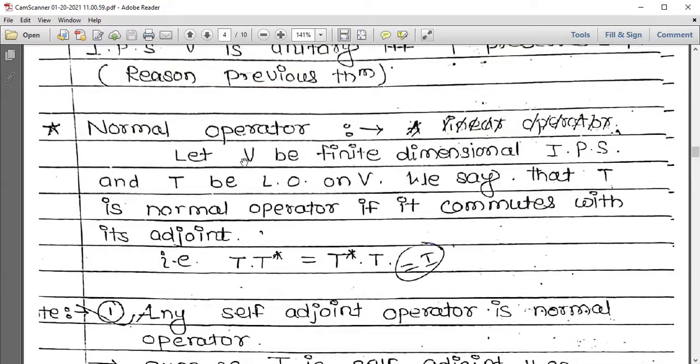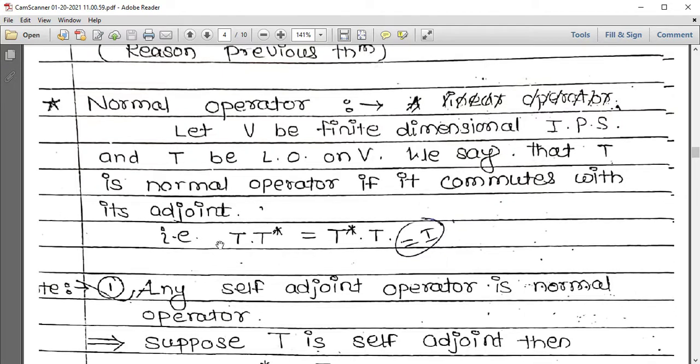Let V be a finite dimensional inner product space and T be a linear operator on V. We say that T is a normal operator if it commutes with its adjoint. That is, T T star is equal to T star T.